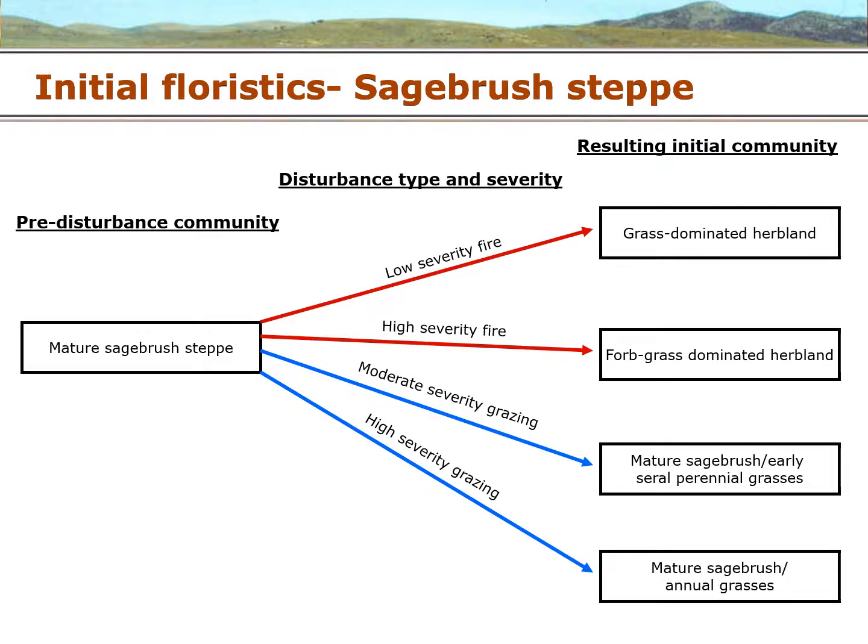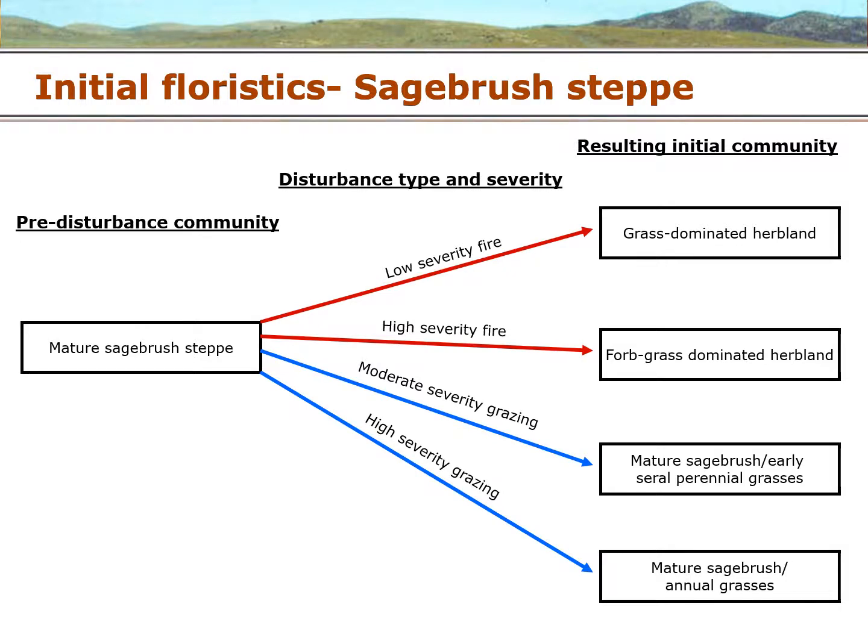In this example, we can look at how disturbance type and disturbance severity can affect the initial post-disturbance community composition. So we start off here on the left with a mature sagebrush steppe with the grass understory. If we have a disturbance being the low severity fire, we may end up with a grass-dominated herbland.